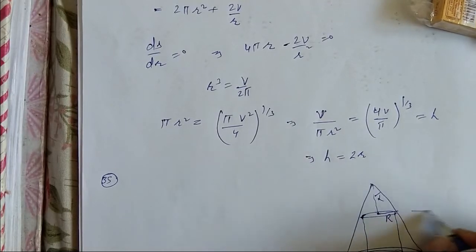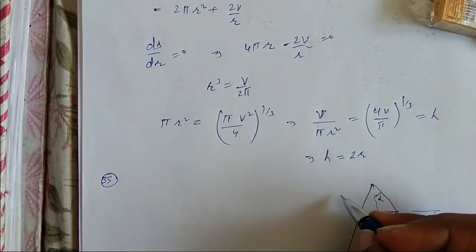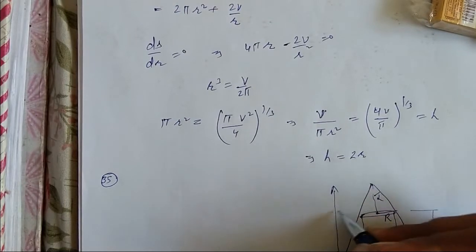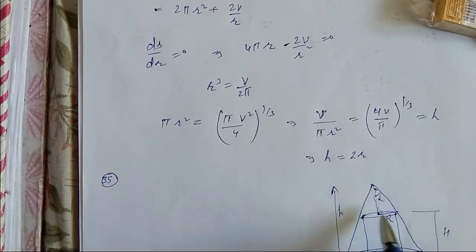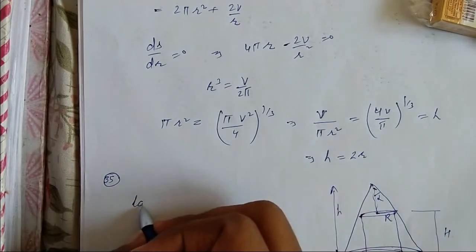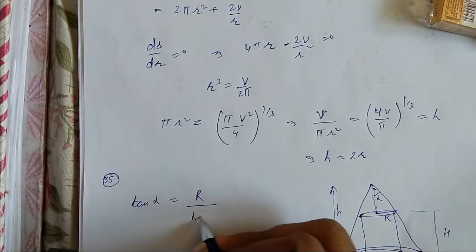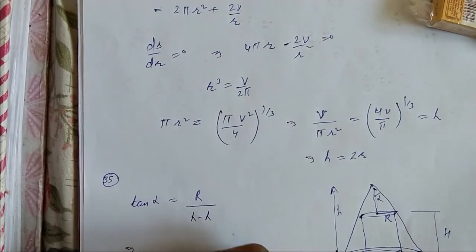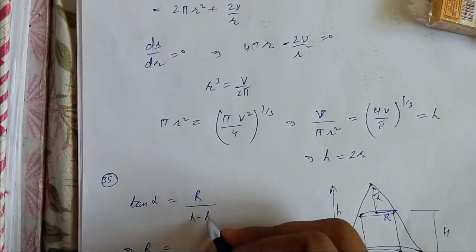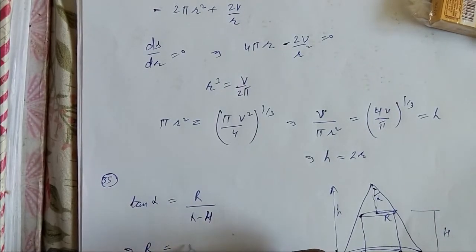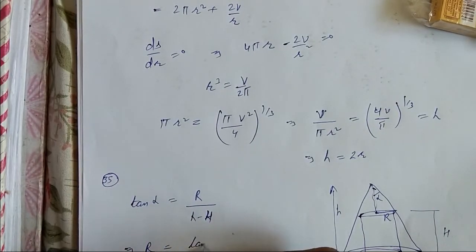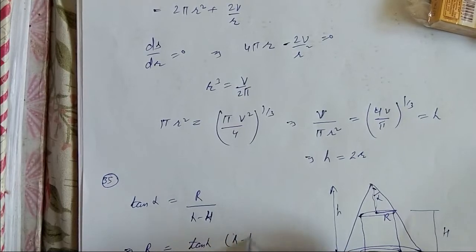Let the height of cylinder be capital H and the height of the cone be small h. So tan alpha would be equal to R upon h minus H. So R is equal to tan alpha into (h minus H).